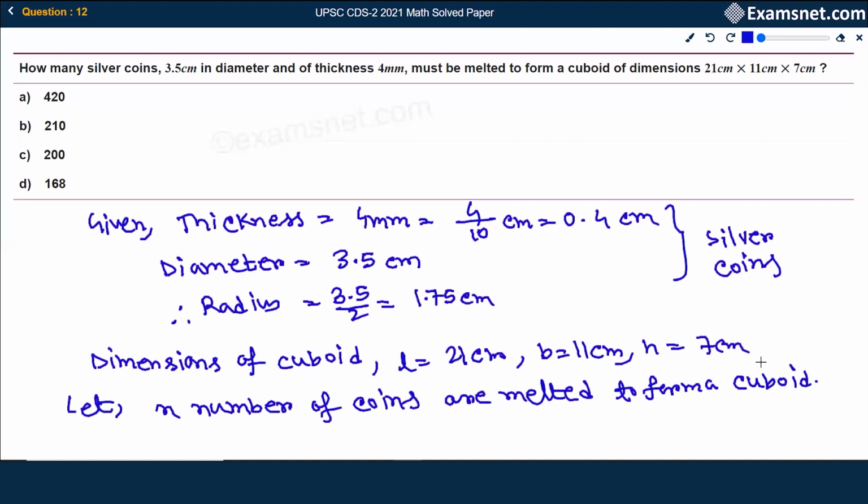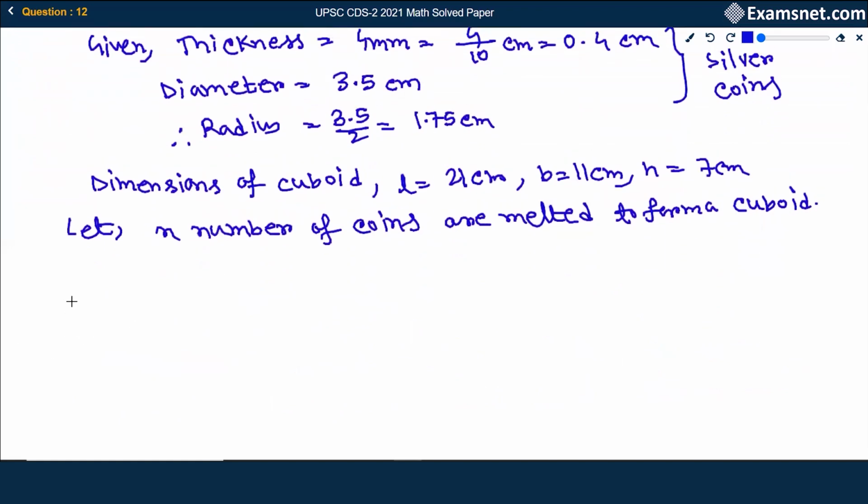The volume of the total number of coins, n coins, since we will use that quantity of metal which we get after melting all the coins to form a cuboid, the volume will remain the same, right? Therefore, the volume of n coins equals the volume of the cuboid.